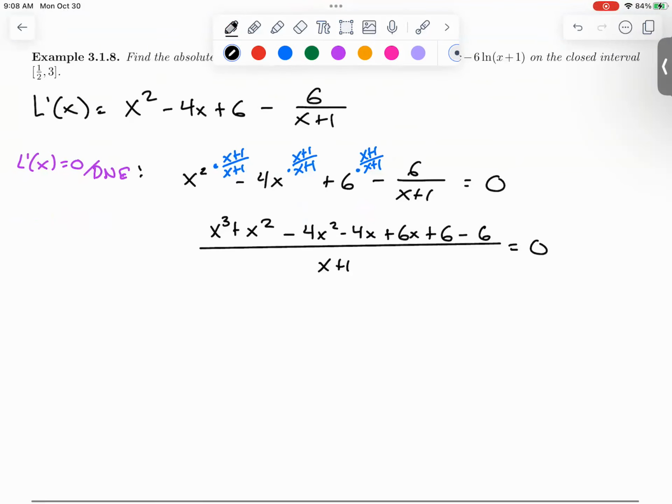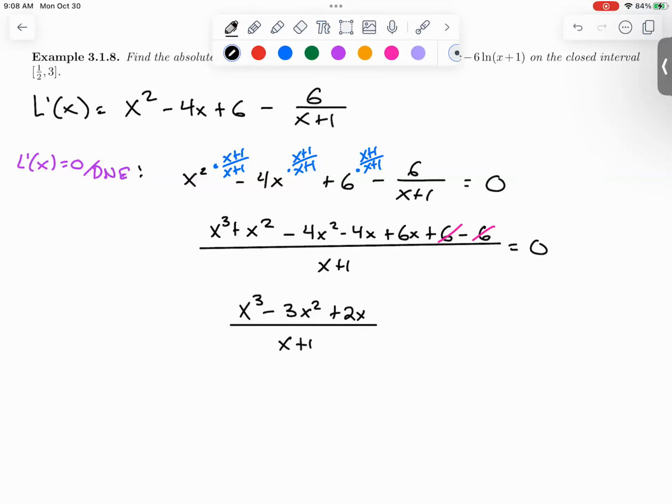So that's going to be x cubed minus 3x squared plus 2x, and then the 6's cancel, all divided by x plus 1 equals 0. And that factors quite nicely, doesn't it? There's a common factor of x.